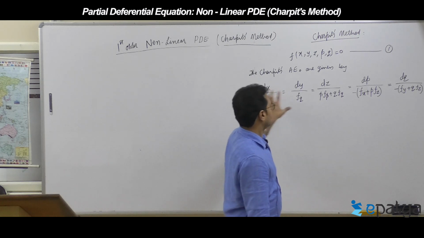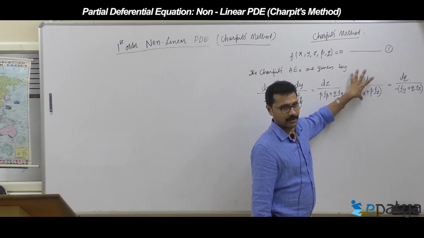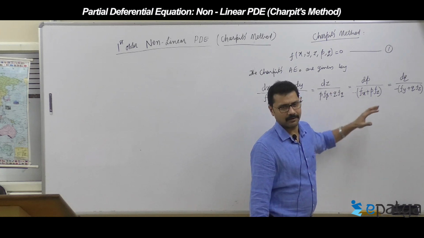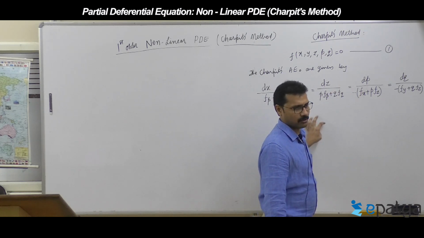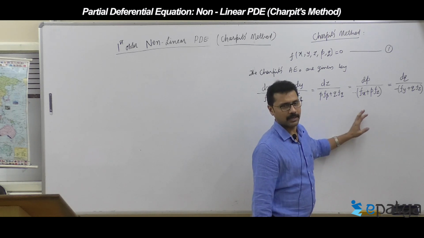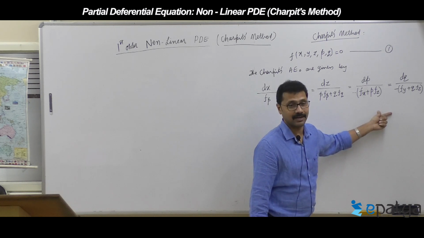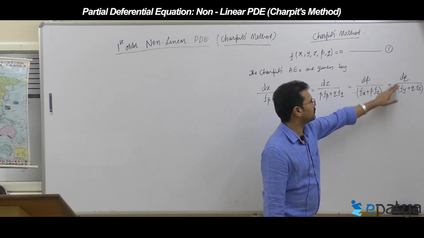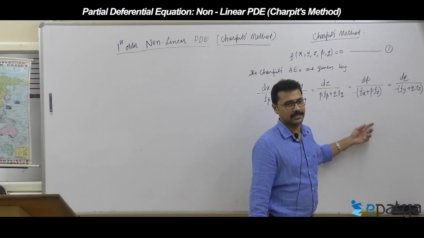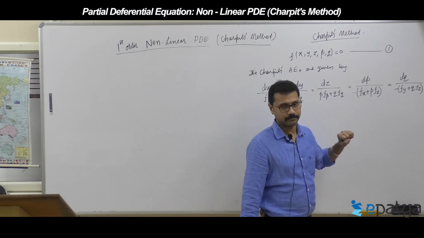One way, if I need to get p, definitely I have to use dp, with some kind of multipliers, I will try to solve certain equation. What I may get is p as a function of x, y, z plus c1. Suppose if I get q also, I will get some function of x, y, z, may or may not be there, plus c2.